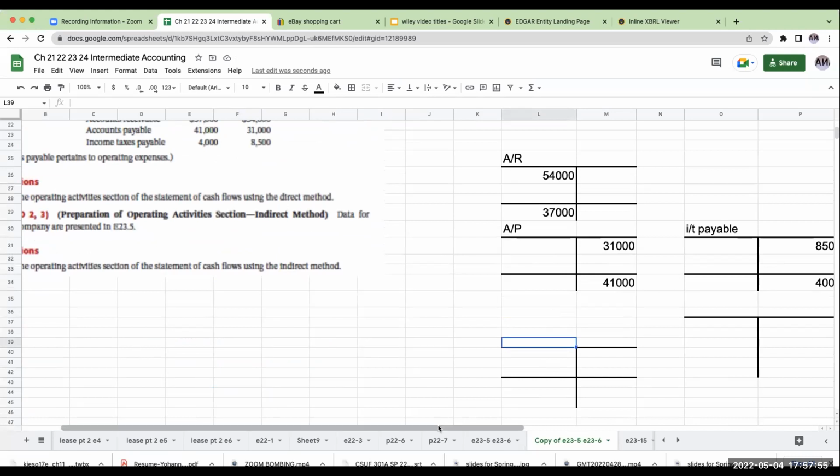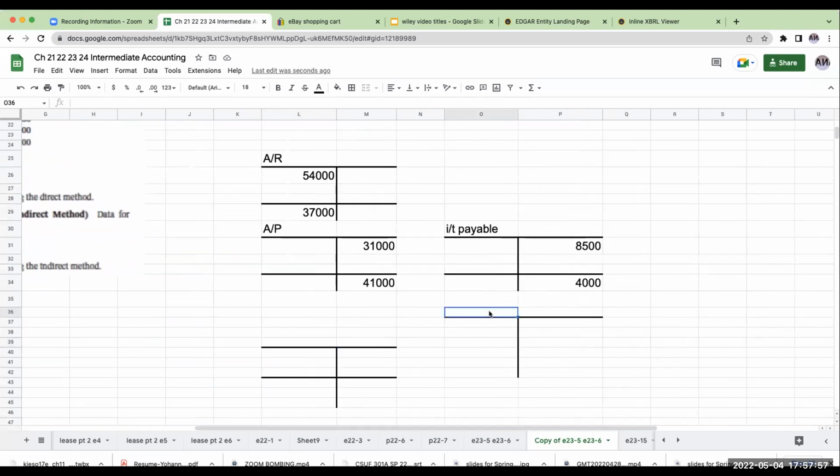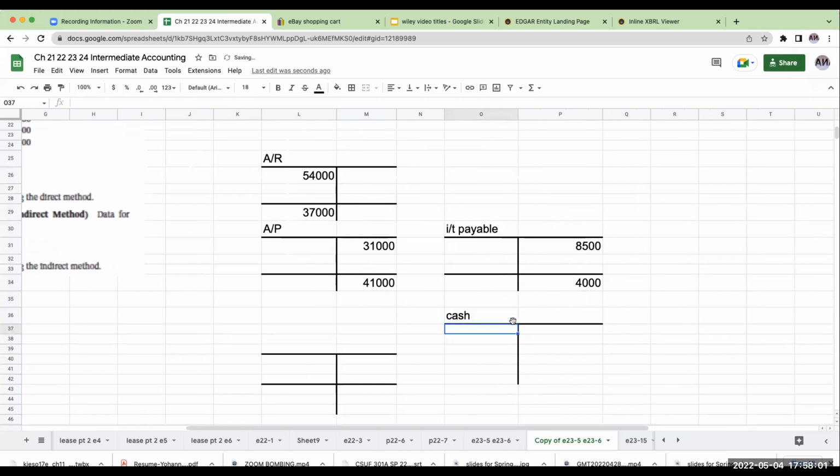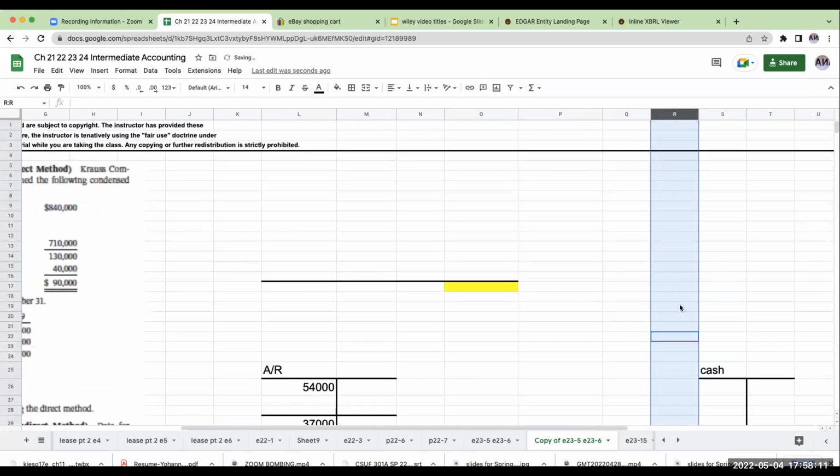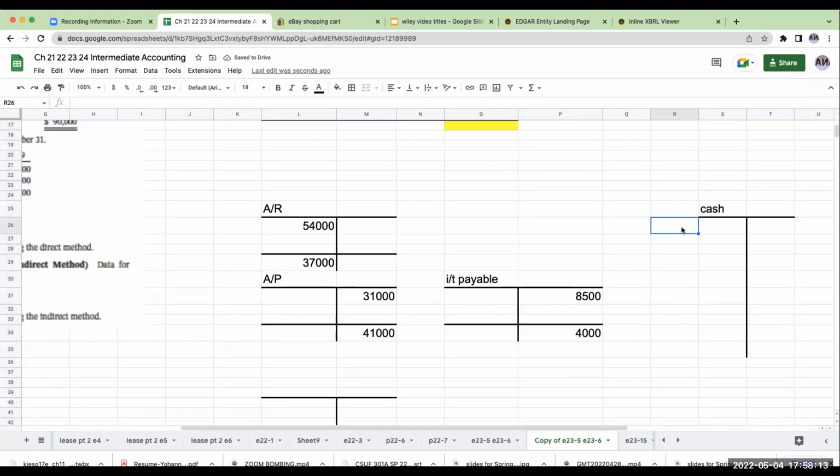One of the things you'll see in my cash flow setups, and in my other videos, is that I make a big cash T account. This is how I like to do my cash flows: I would have operating, investing, and then financing.